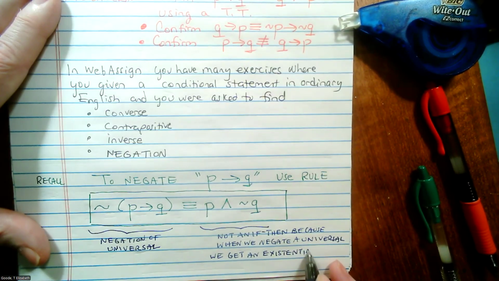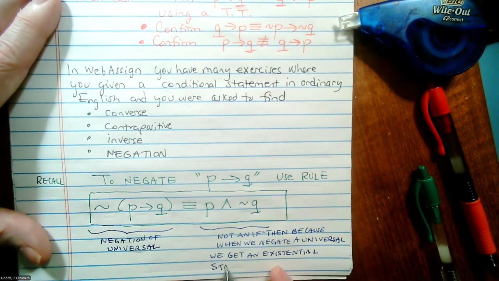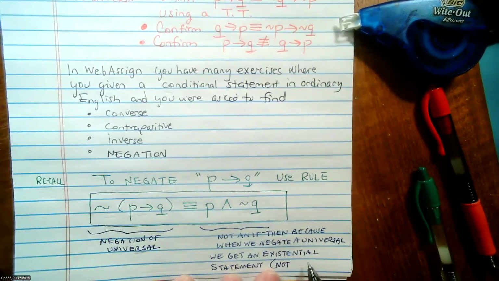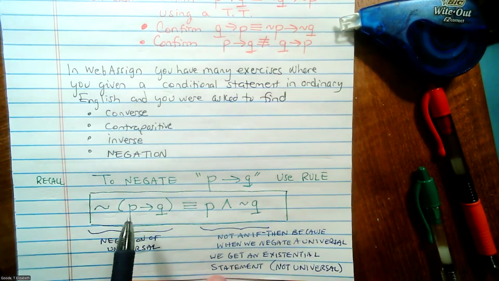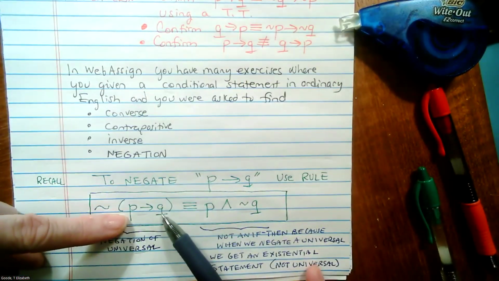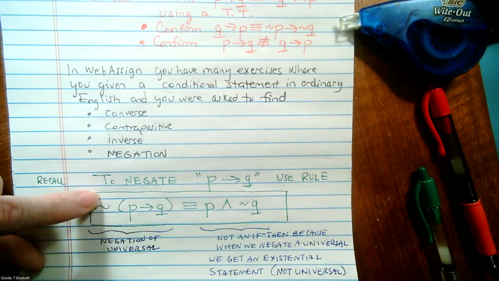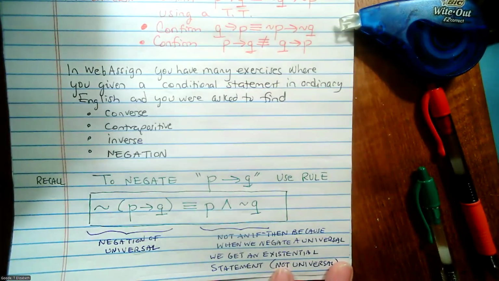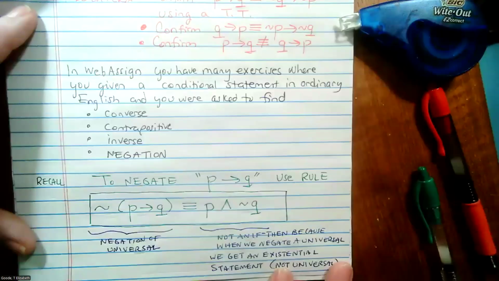That can help you remember that it's called the universal conditional for a reason. Every if-then statement is a universal statement. When we negate a universal, we always get the other: an existential.